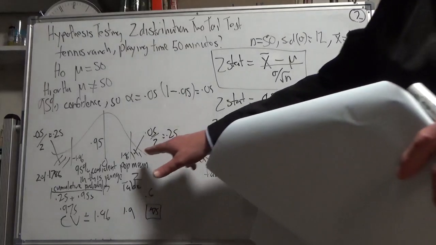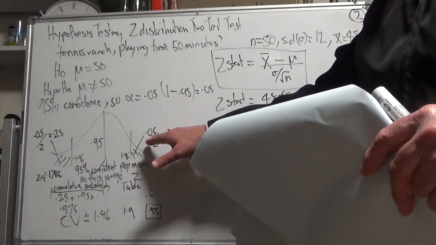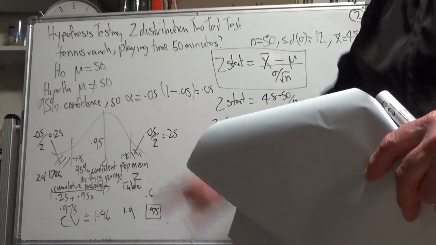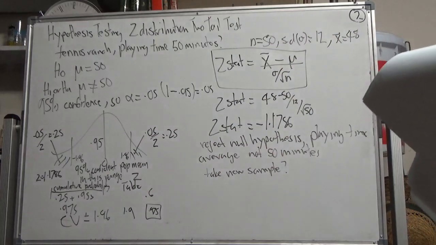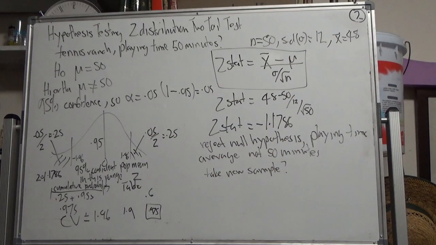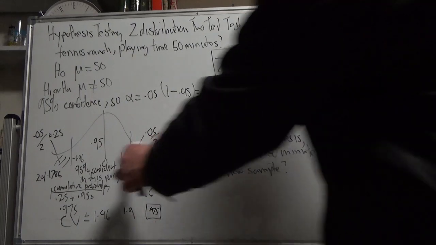It might be just a one-tail test where the area under the curve is 0.05 and at 95% level of confidence that you think the population mean is in this range, okay? That range between those two critical values.